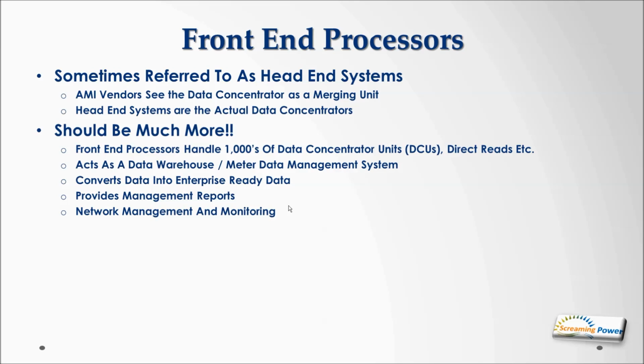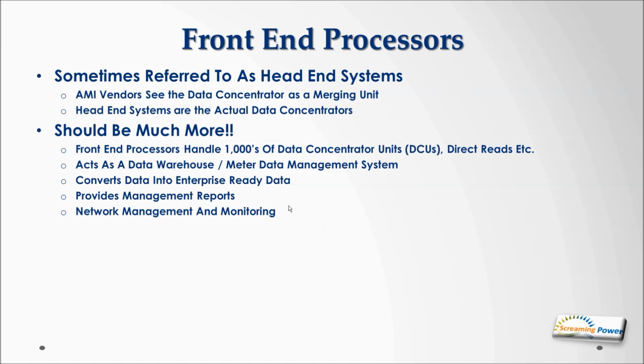But we believe that the head-end systems should be a lot more. They should be able to handle thousands of data concentrator units simultaneously, and also handle data coming in from other things like direct reads. They should act as a metadata warehouse and a metadata management system. They should also convert data into enterprise-ready information and route it to where it's necessary.